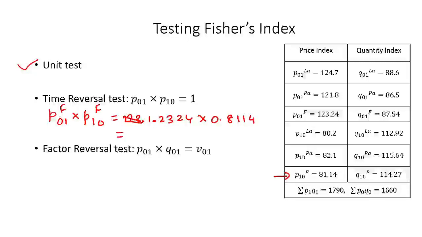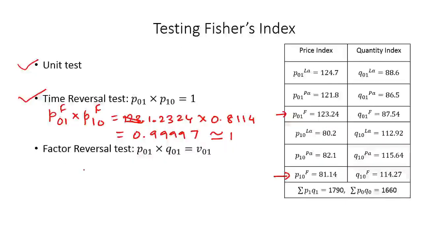If we multiply this, it will come to 0.99997, approximately equal to 1. If you consider more digits in P01 Fishers and P10 Fishers, this value will come closer to 1. So the time reversal test is satisfied by the Fisher's index number.